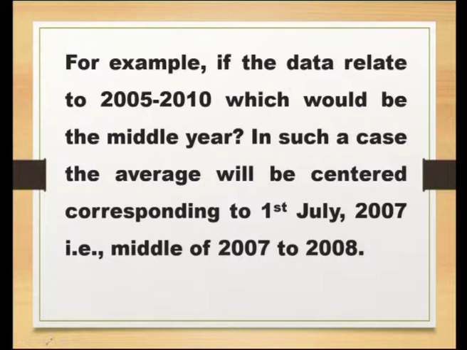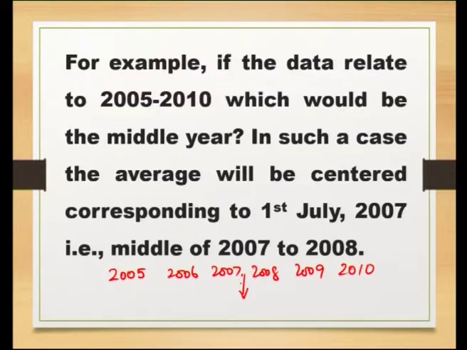For example, I just write here 2005. Okay. There are 6 years, so whatever averages you calculate will be written in the middle of 2007 to 2008.